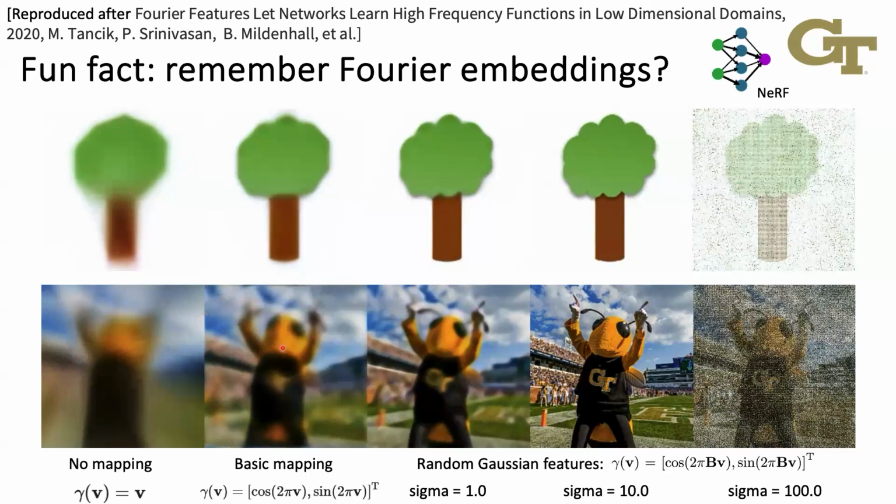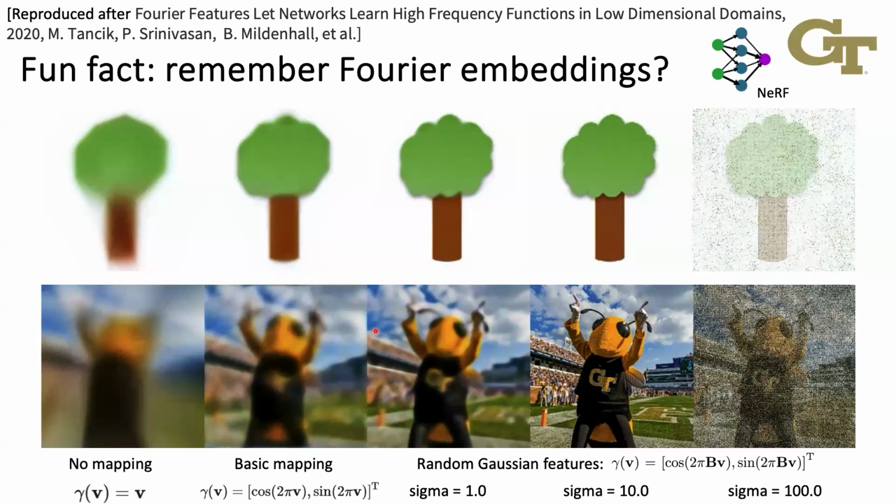And I think this is what they used in the original NeRF paper, just a basic mapping of sines and cosines, whereas this embedding space feeds the input coordinates, so the XY or XYZ or whatever low dimensional space, into a higher dimensional space, also spanned by these sines and cosines, but adding in this B matrix, which is randomly sampled Gaussian features with different Gaussian sigma values.